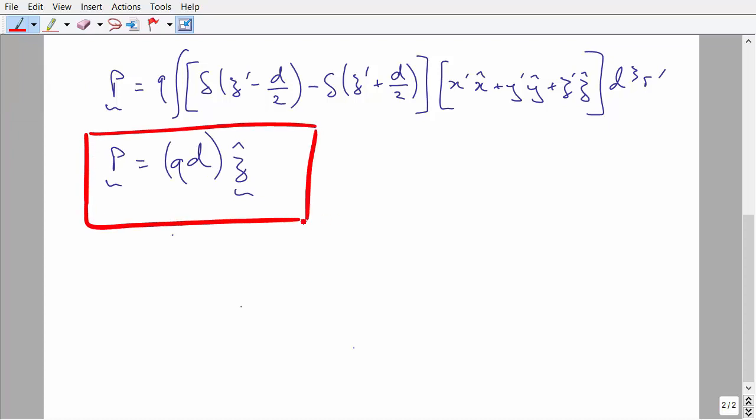Okay, so then there is our expression now for the dipole moment. You'll notice that it is oriented in the positive z direction, and it's proportional to the product of the charge multiplied by the total distance between the two charges. If we were now to put this in our formula for the dipole, you'll also notice that P is located at the origin, so that's important.